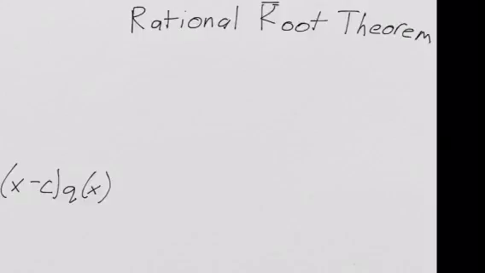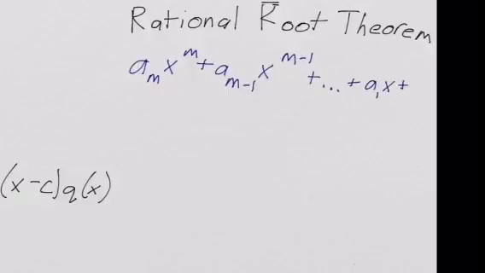That says if I take a polynomial, and I'll write a generic one, a sub m x to the m plus a sub m minus 1 x to the m minus 1, and so on. So we have all of that.